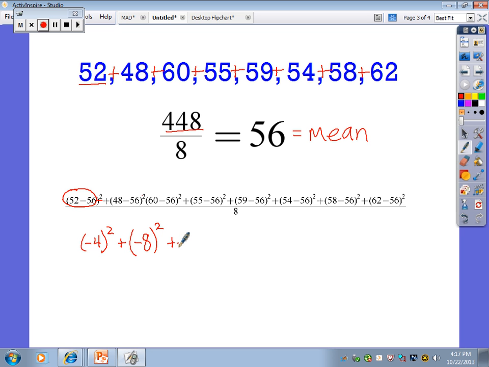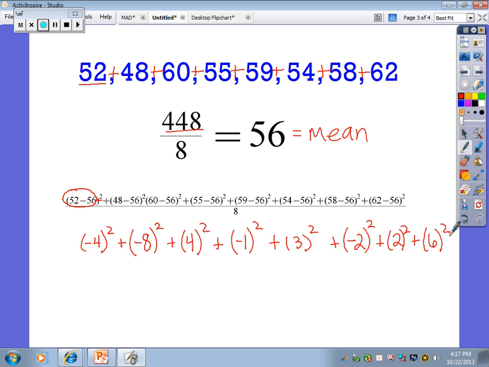Alright, plus 60 minus 56 is 4 squared, plus 55 minus 56 is negative 1 squared, plus 59 minus 56 is 3 squared, plus 54 minus 56 is negative 2 squared, plus 58 minus 56 is 2 squared, plus 62 minus 56 is 6 squared. And we're going to divide all that by 8.